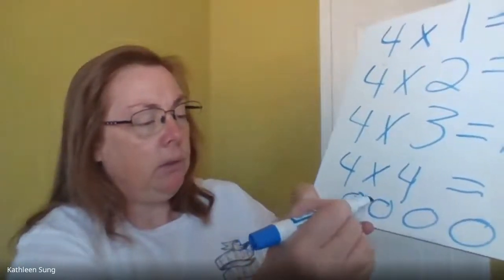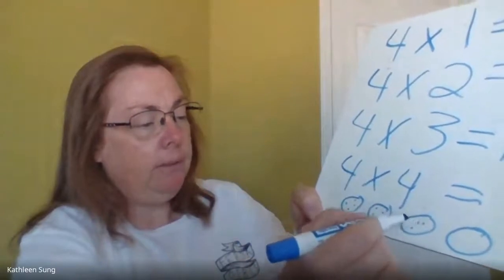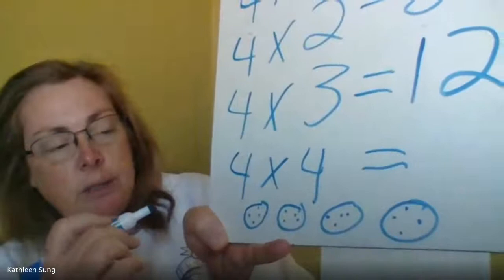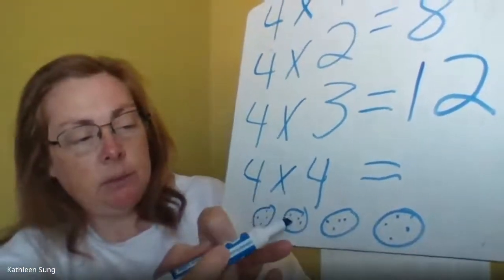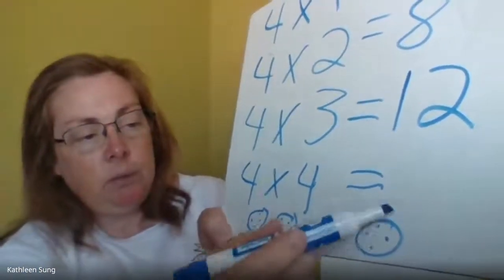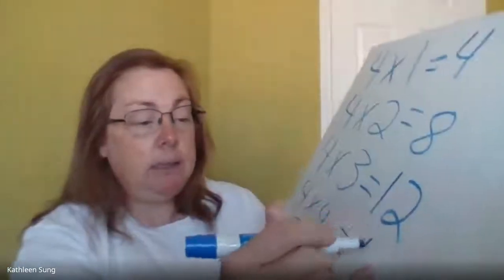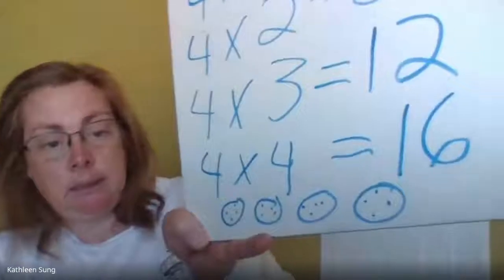I've got 4 plates with 4 cookies on it, so I could add them up. 4 plus 4 is 8, plus 4 is 12, plus 4 is 16. Or I could memorize that 4 times 4 is 16.